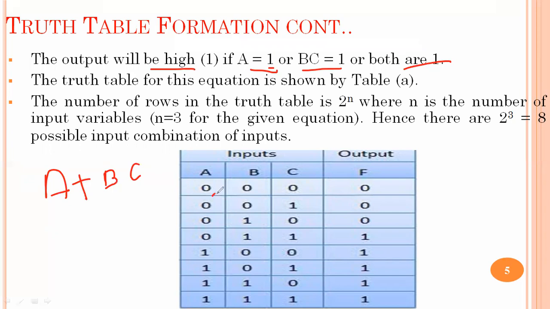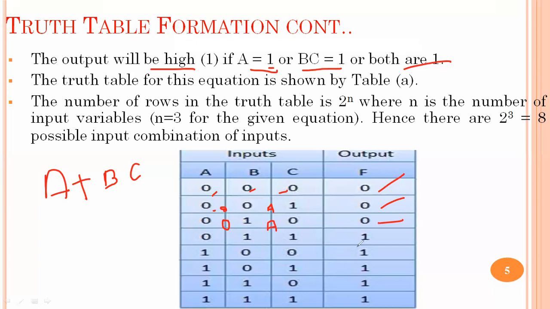So first of all, A is 0, BC is also 0, so result F is 0. Here the AND operation is implemented: A is 0 OR B and C. The AND operation of 0 and 1 is 0, so 0, 0 is 0. Next is 0. Here OR operation is used, and in this AND operation is used. So 1 and 0 is 0, plus 0 is 0.